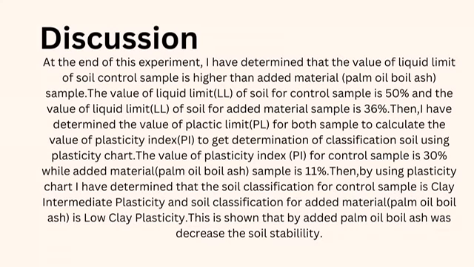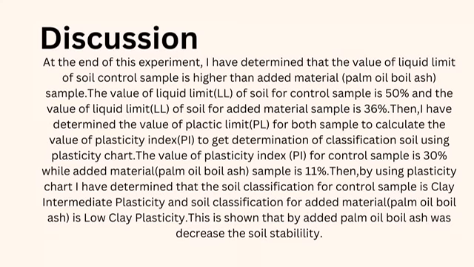Then, I have determined the value of the plastic limit for both samples to calculate the value of the plasticity index to get the classification of soil using the plasticity chart. The value of plasticity index for the control sample is 30%, while the added material palm oil boiler ash sample is 11%.